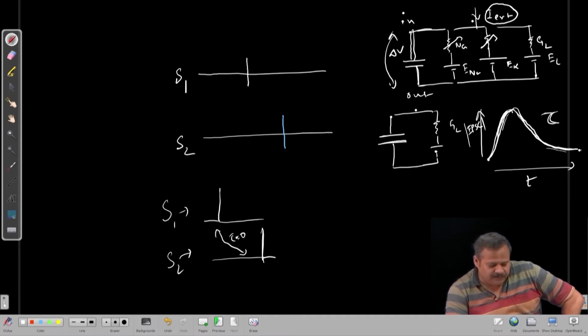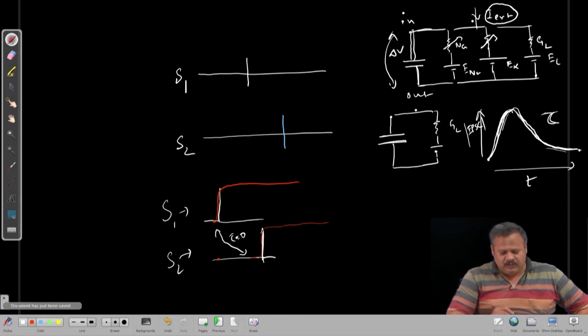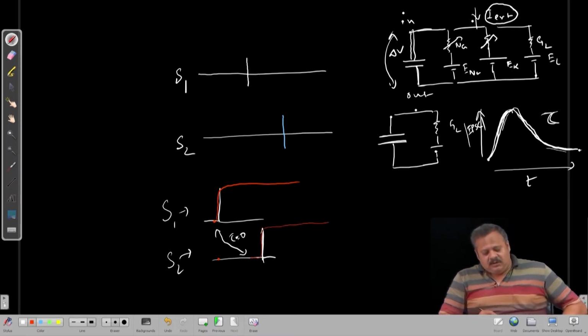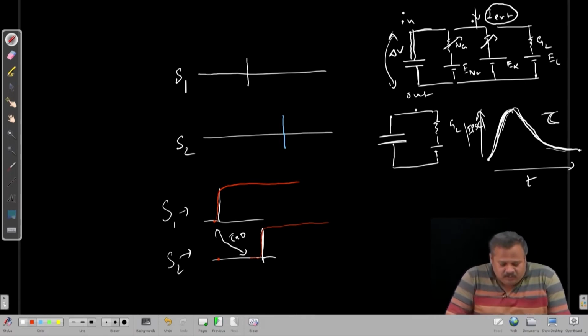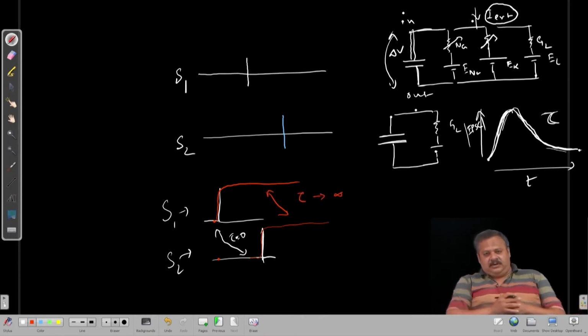And for tau going towards infinity, this is never going to come back down, and so the postsynaptic potential, or current, is going to be like this. So this is the case where our tau is approaching infinity. So these are the two extremes.